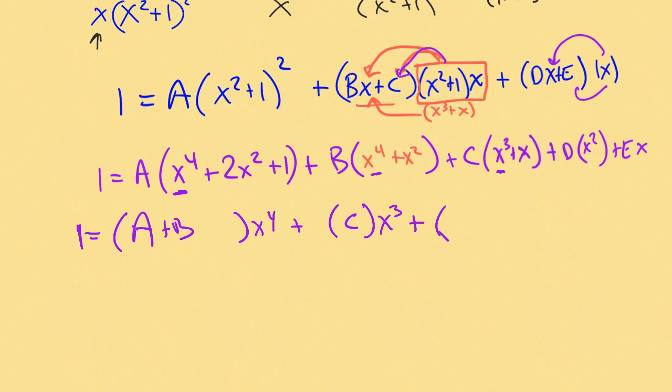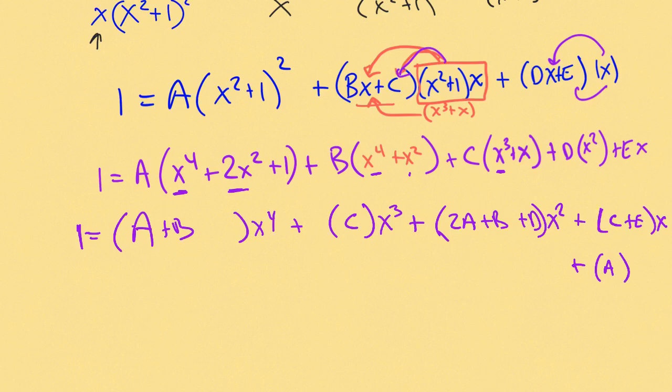So we have 2A, I have B, and I have D. How about x? It looks like I already did that, C plus E times x. And for my constant, I'm going to have A, and that looks like all.